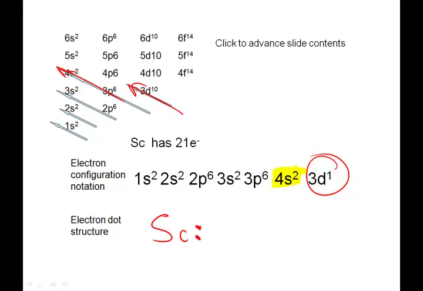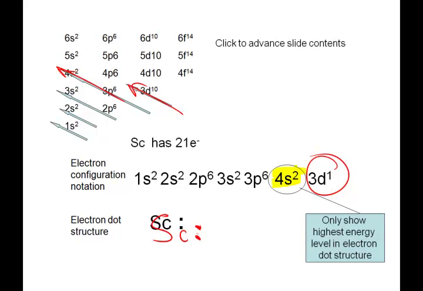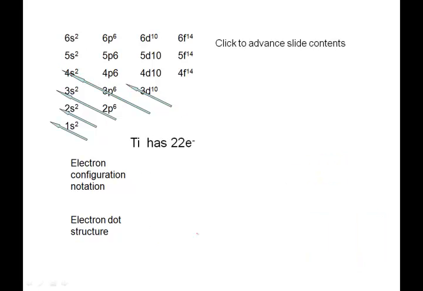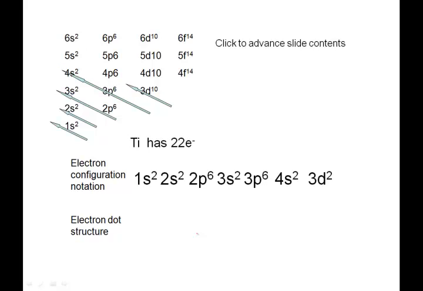So let's move now to atomic number 22 and take a quick look at that, and then we're going to be finished and go to a worksheet for a few minutes. So atomic number 22, titanium. Guess what the electron dot structure is?